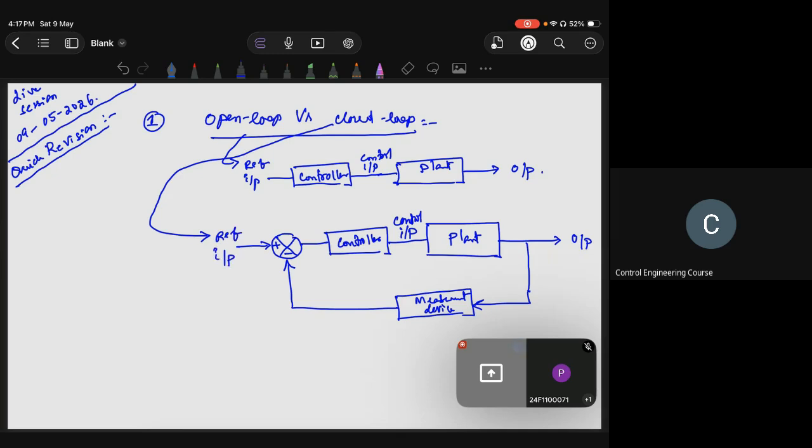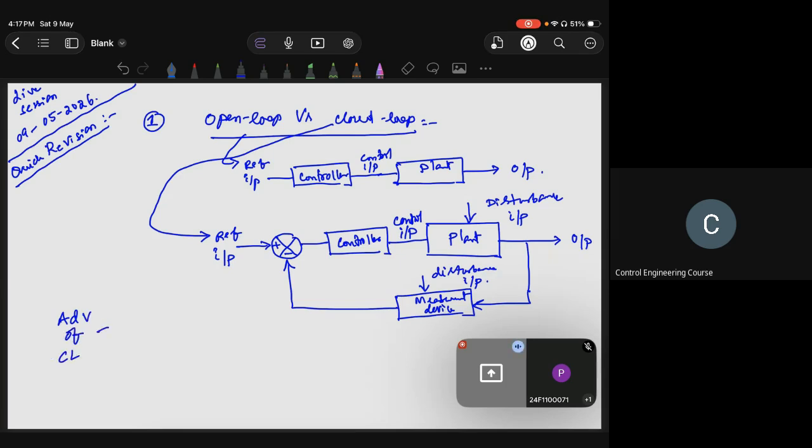So in an actual system, we'll have disturbance input in the plant as well as the sensors. Okay. So what are the advantages of the closed loop system?